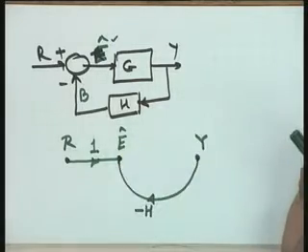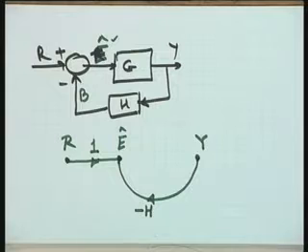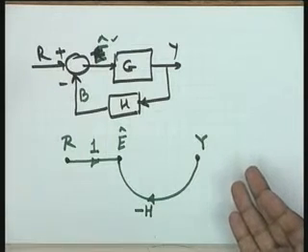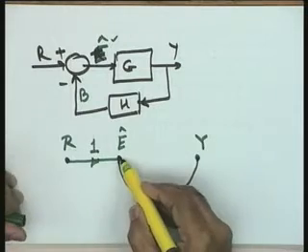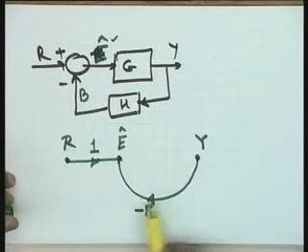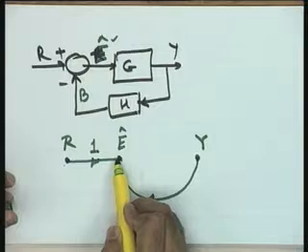Between B and Y you take H, between B and E cap you take minus 1, the diagram will be equivalent. Normally I will avoid taking a B node, because this gives an adequate representation of the system I am interested in. Okay. From now, E cap is the node variable whose value is R minus Hy.